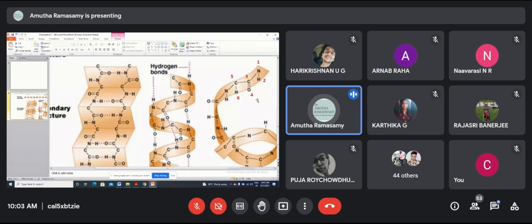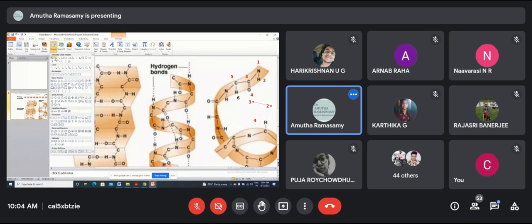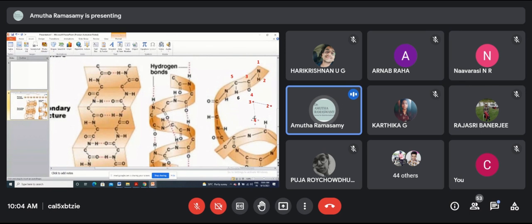Then your structure will be like, you will have a structure where the 3 is interacting with the 2, as well as the 3 making another angle with the 4.